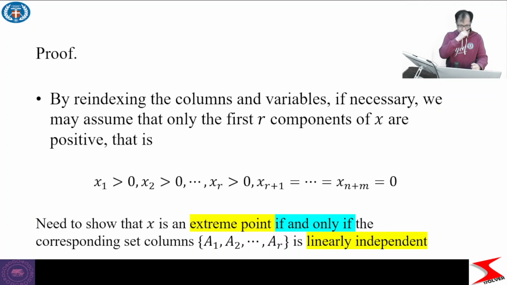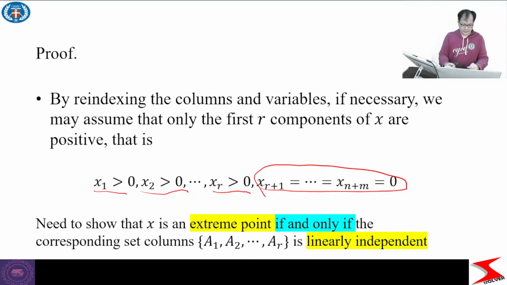Okay, so now we try to start our proof. So we will re-index the columns and variables, if necessary, and we assume that only the first r components of x are positive. So here x1 larger than 0, x2 larger than 0, up to xr larger than 0, and the other x are equal to 0.